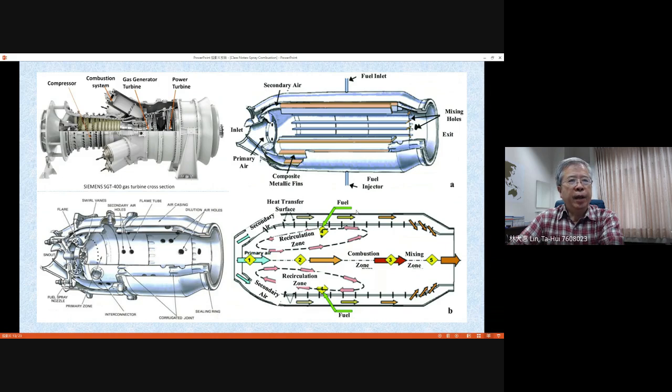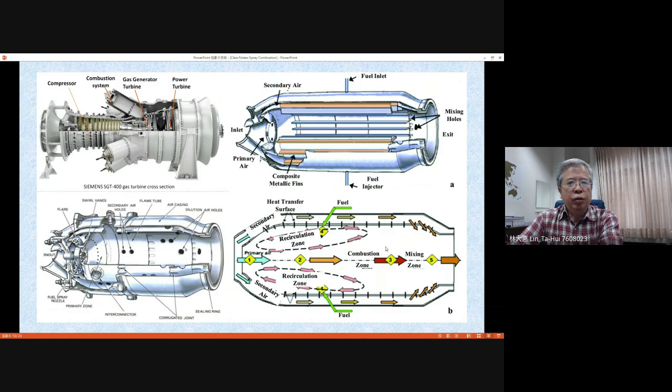And the fuel is supplied from the side part, at position 4. When you have a fuel supply, the mixing will occur in the recirculation zone, and this recirculation zone tries to give you the optimal mixing for the liquid fuel, the liquid droplets, and also the air, and they will continuously move to the downstream side.